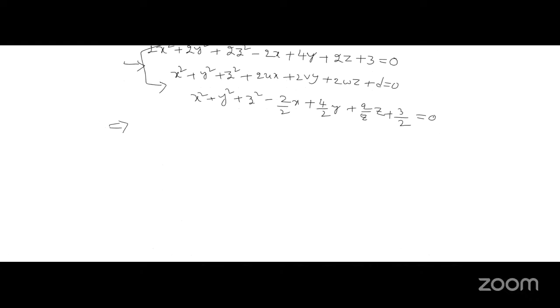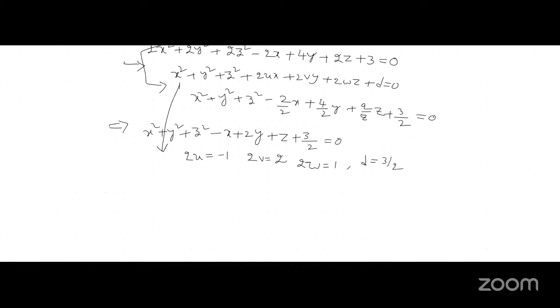That is x square plus y square plus z square minus x plus 2y plus z plus 3 by 2 equal to 0. Now comparing with this one, 2u equal to minus 1, 2v equal to 2, 2w equal to 1, and d equal to 3 by 2.